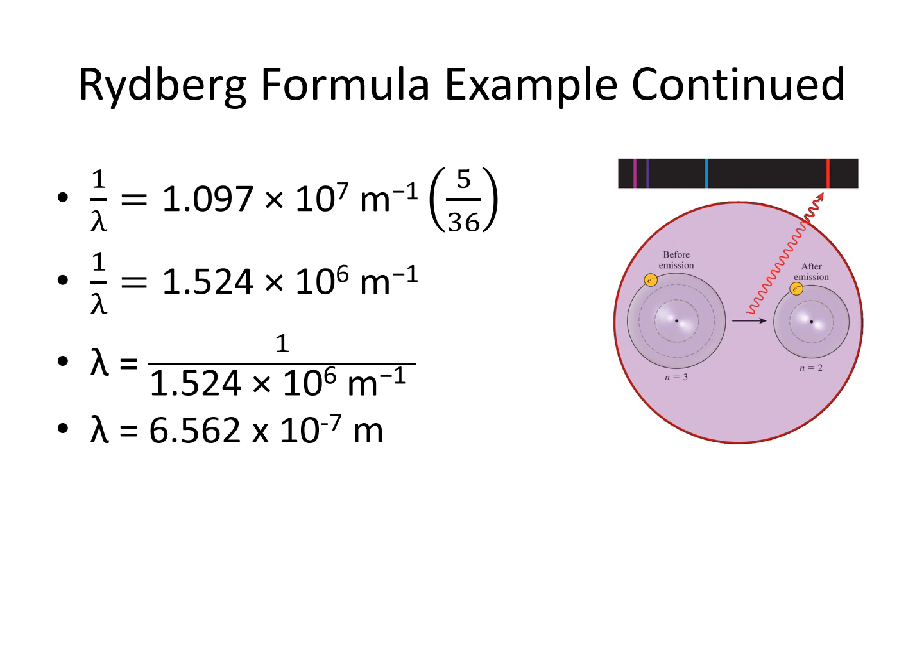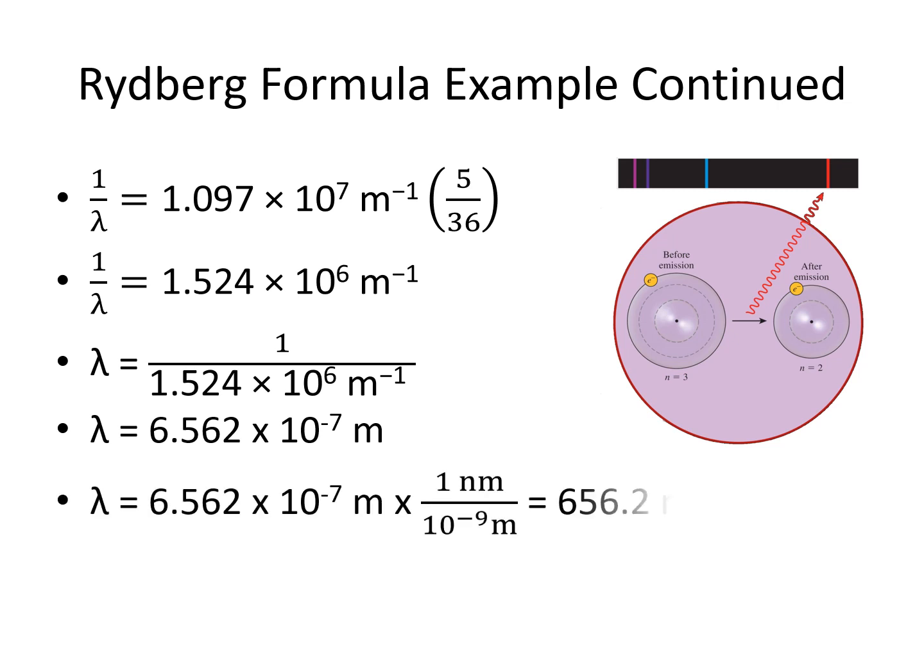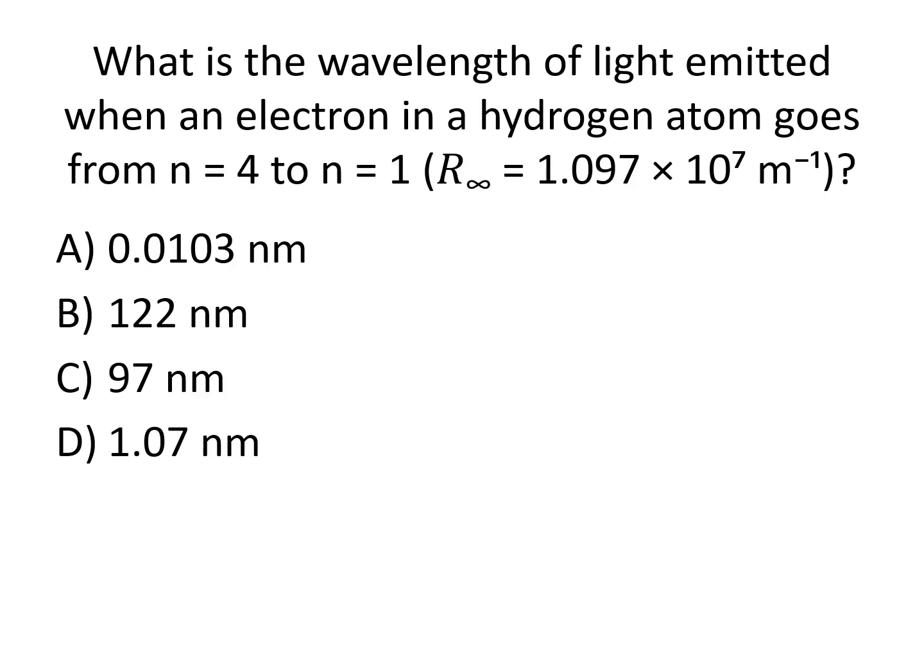Since the question asked for the wavelength in nanometers, we divide by 10 to the minus 9 and come out with 656.2 nanometers. This value corresponds to the red region of the spectrum and is therefore a red line.